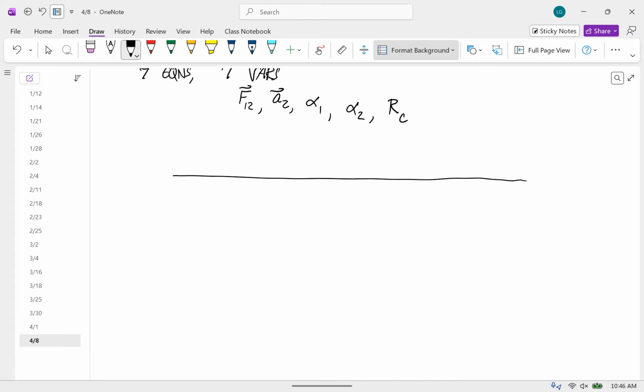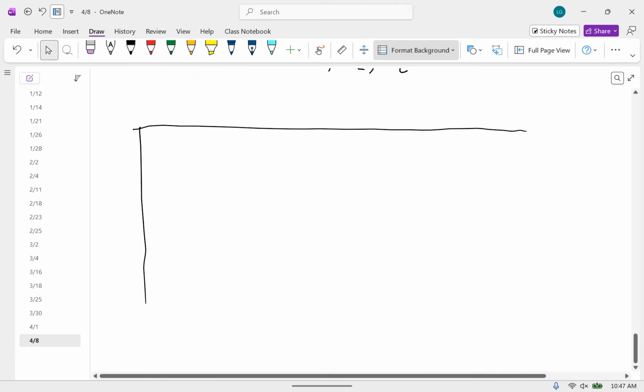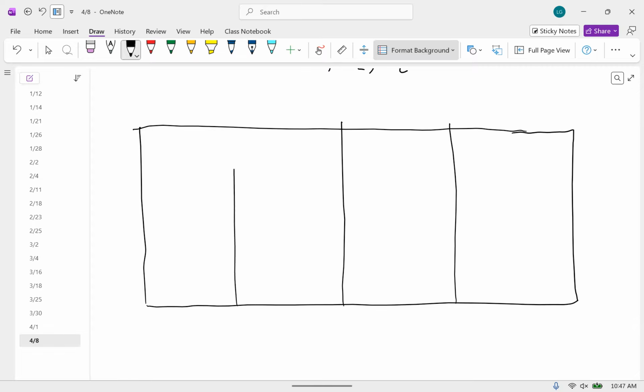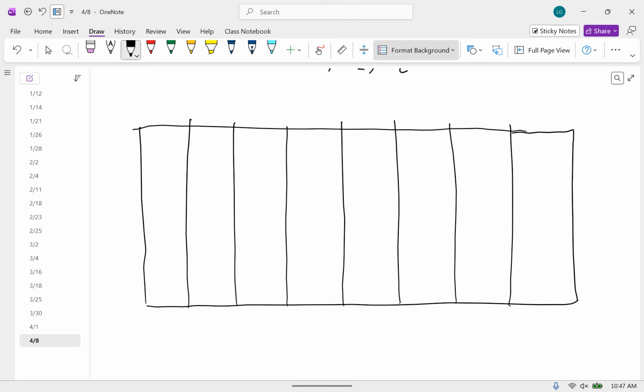So I need 7 rows and 8 columns. 1, 2, 3, 4, 5, 6, 7, 8. So that's good. And those correspond to my variables and my constants on the other side of the equation.